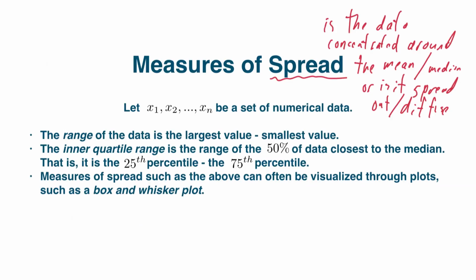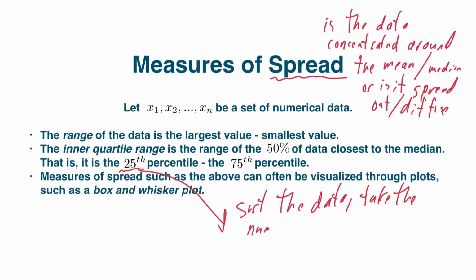So what you do for this is you sort the data and take the number at the 25% point, i.e. the median of the first half.